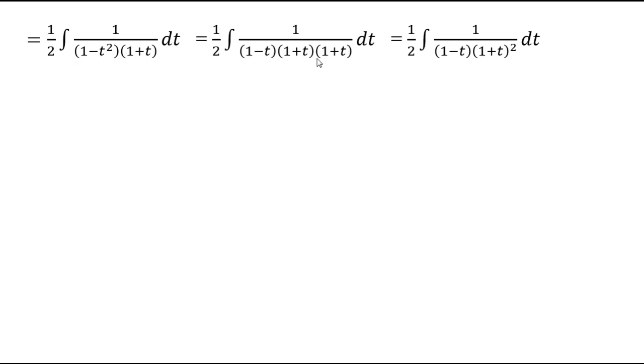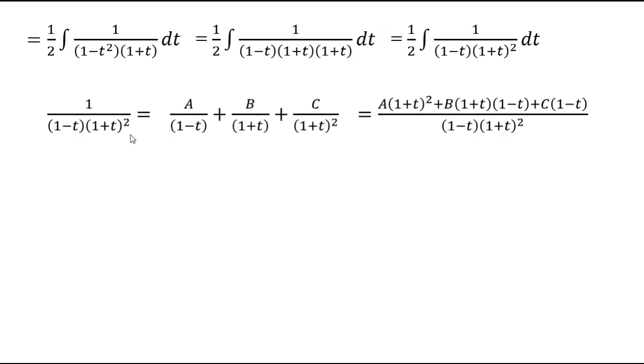Now I will write this as a sum of 3 simple fractions. In the first fraction, the numerator is a and the denominator is the linear factor 1 minus t. Now the second factor 1 plus t is repeated.